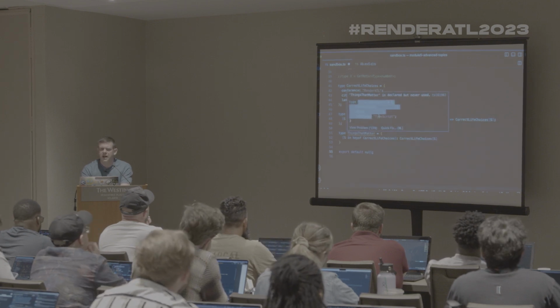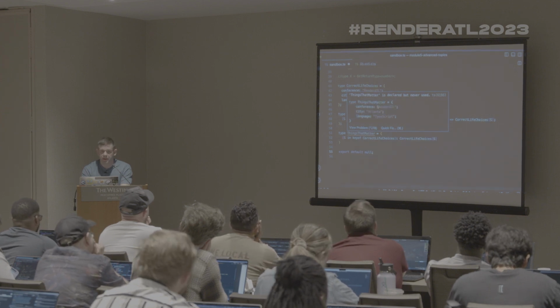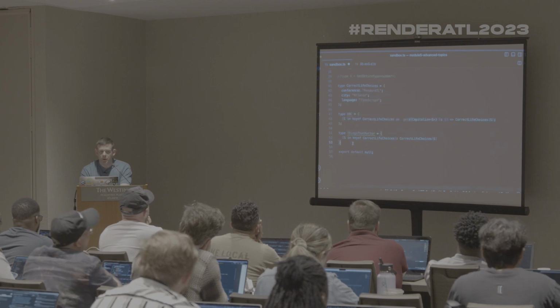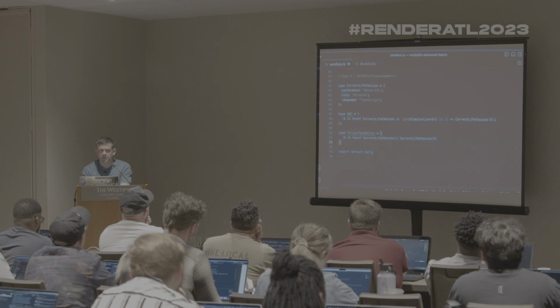What if I want to pluck the values out? What if I want to get a union of just the values on this type? There's a neat trick where I can just index this. So you know how this is a type?